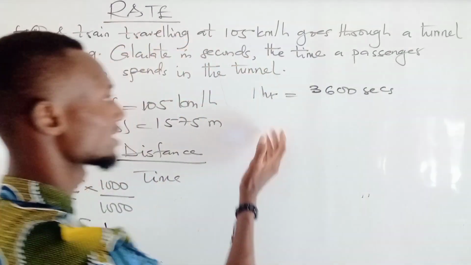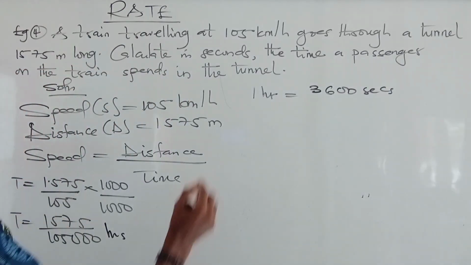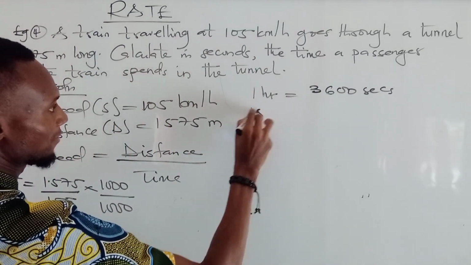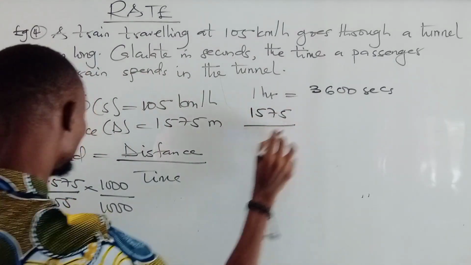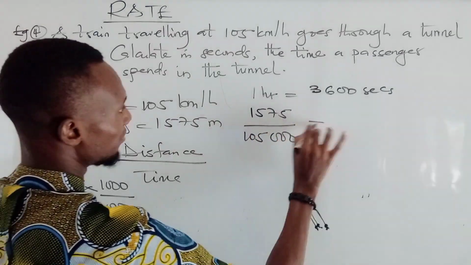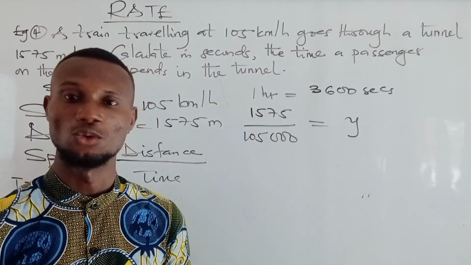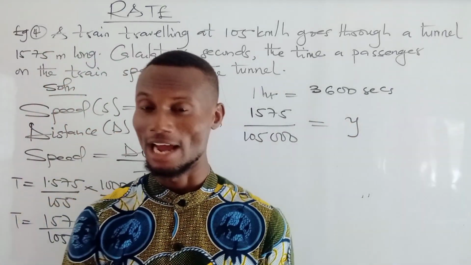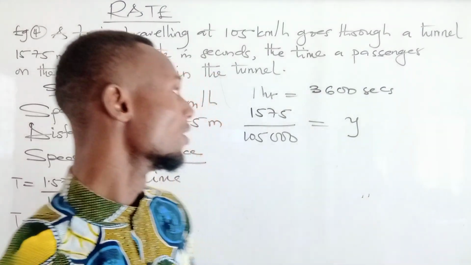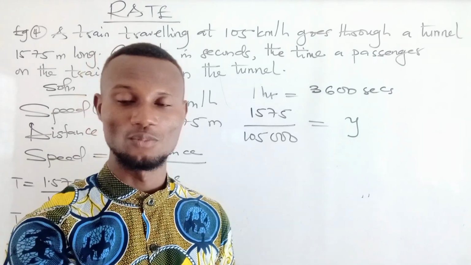So having that 1 hour equals 3600 seconds, then the 1575 over 105,000 will be equal to, let's say, y. I hope you understand up to this point. From here, all that we need to do is to cross multiply to solve for y.